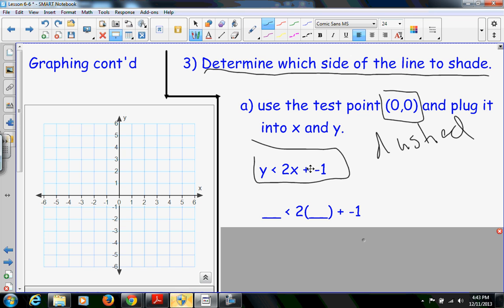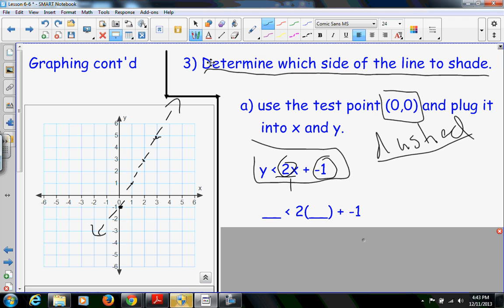And then graph it as normal. So my y-intercept is -1, which is right here. My slope is 2 over 1, so I'm going to go up 2, right 1, up 2, right 1, up 2, right 1. And then I'm going to make sure I graph a dashed line. I'm going to try to do that the best that I can here. It's kind of tough, but that's my dashed line.